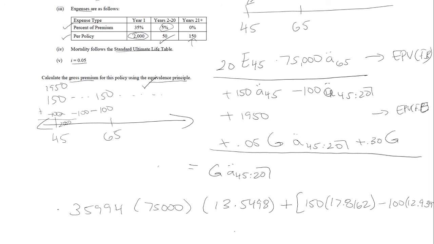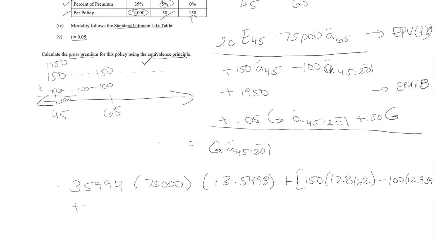And we're going to add 1950 to that. And then we're going to have 5%, so we have 0.05 G times ä45 angle 20, which is again 12.9391. We're going to add 30% of the premium.